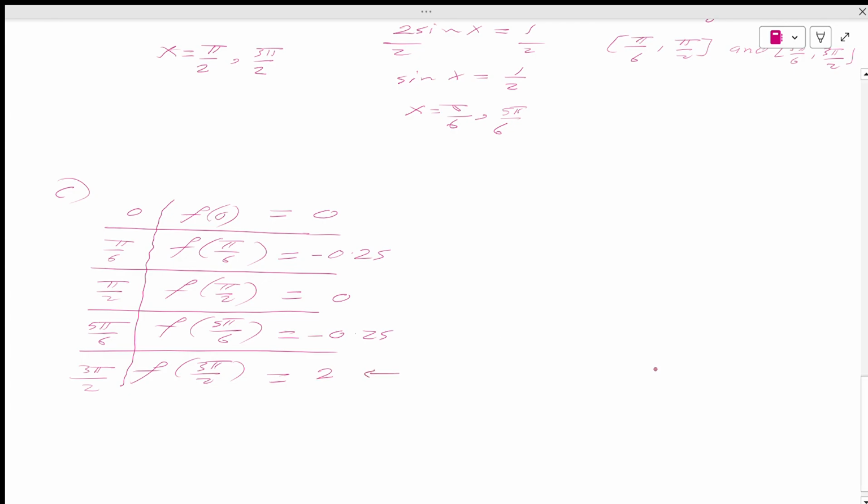So notice that this is the highest, so this is the absolute maximum, and one of these will be the absolute minimum. So the maximum value of the function, or the absolute maximum, is 2, and the absolute minimum is negative 0.25. So this is the absolute maximum or the global maximum, and this is the global minimum for f of x on the given interval from 0 to 3 pi over 2.